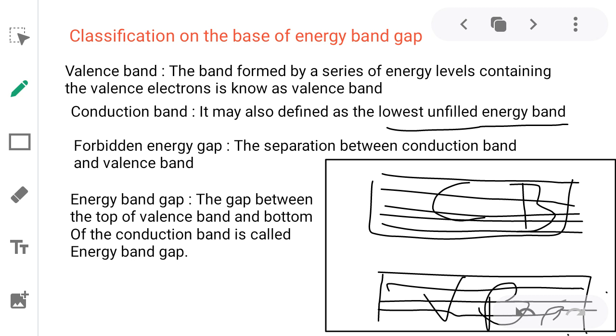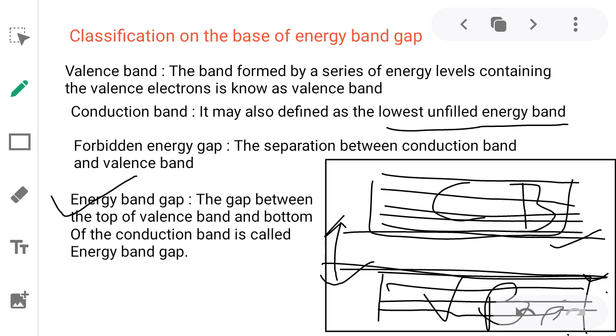From these two, the conduction band and the valence band, an important point is the forbidden energy gap. It is just the separation between the conduction band and the valence band. One more important point is the energy band gap. It is the most important one.